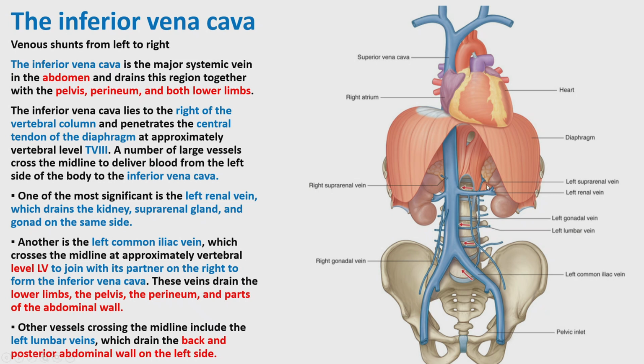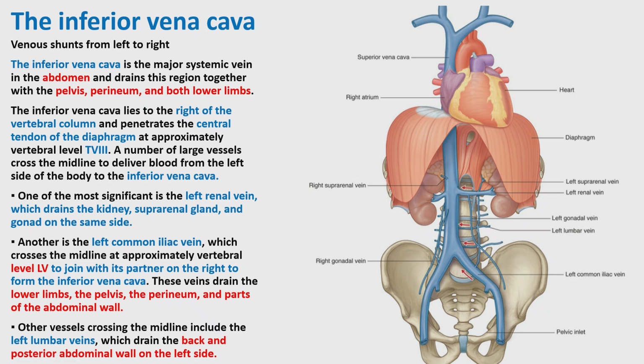On the left side it's a little different: the gonadal, testicular or ovarian, and the suprarenal vein drain to the left renal vein, and then to the inferior vena cava. So this shifts the blood from the left side to the right side.